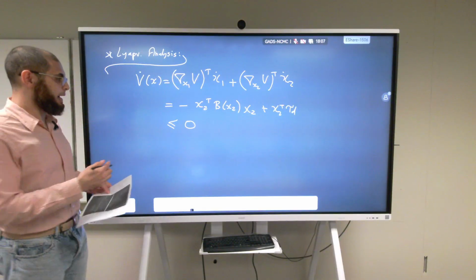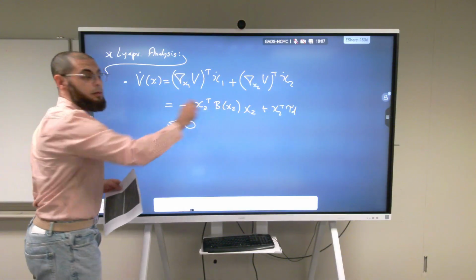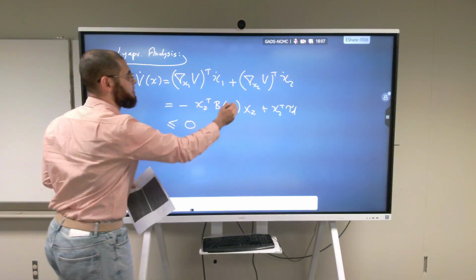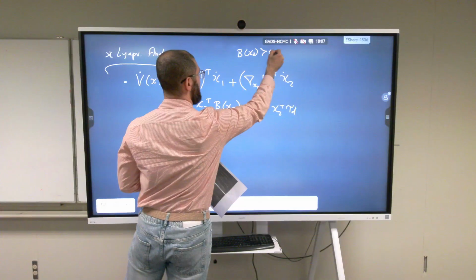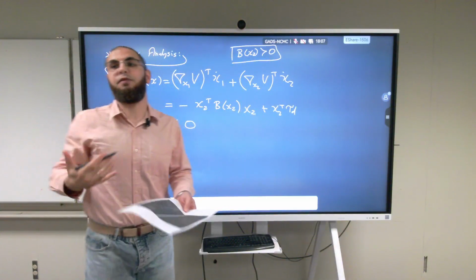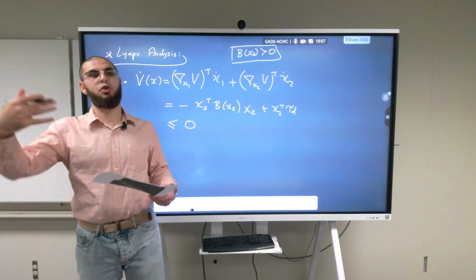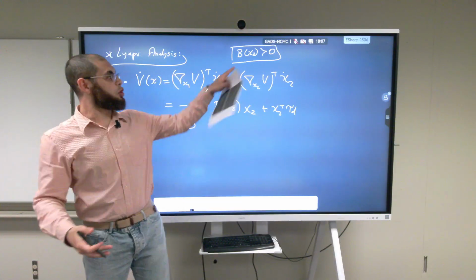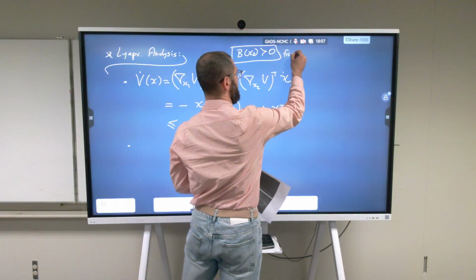Okay, and you can show actually that in the end, no matter what, the b of x2 is very important. B of x2 is always assumed to be positive definite. Okay, there is no such thing as negative friction, right? Friction is always positive. Even if it's not linear, we always assume it's positive definite. This is usually the friction.